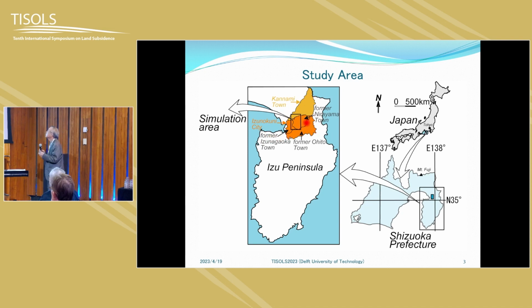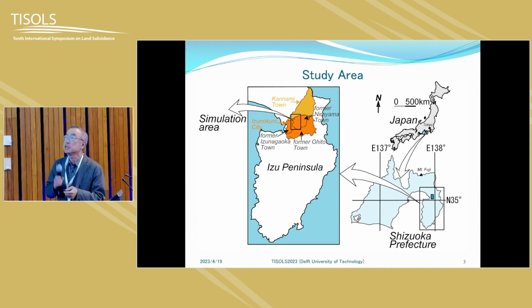Nirayama town consolidated with Izu Nagaoka town and Ohito town into Izunokuni city in 2005.